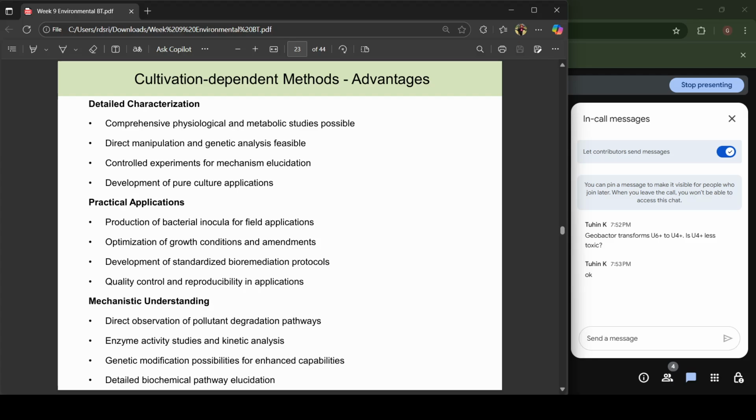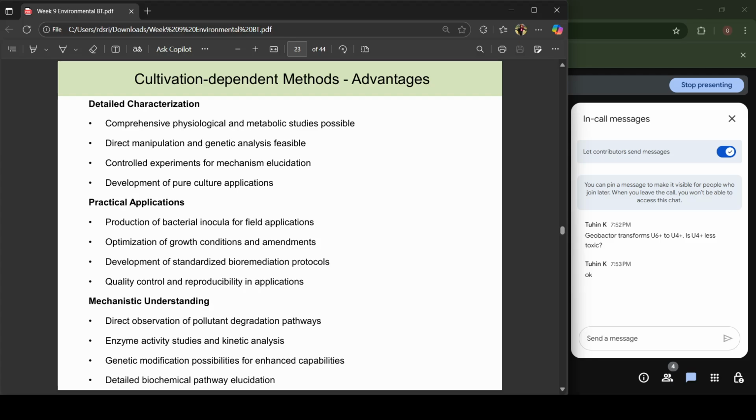And based on that, as we talked about in the practical application section, we can go for optimizing the conditions to ensure the highest enzyme activity, and also we can take care that we do not employ any condition that will turn inhibitory for the enzyme or microbial activity. Both of this is possible. We can also go for genetic modification to enhance the capabilities.